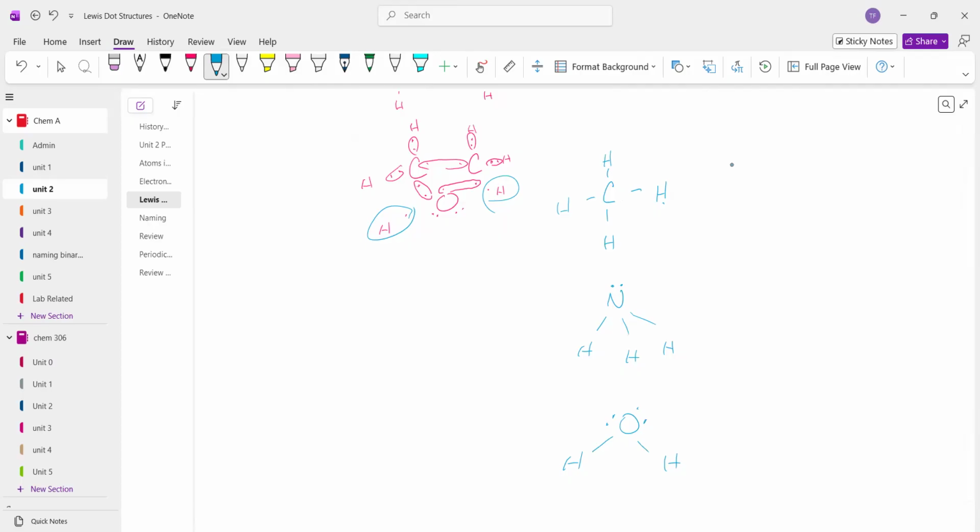Do the Lewis dot structure, then analyze it. First, how many bonds on the first one here? 4 bonds. We're going to refer to X as the number of bonds, and E as the number of non-bonds.